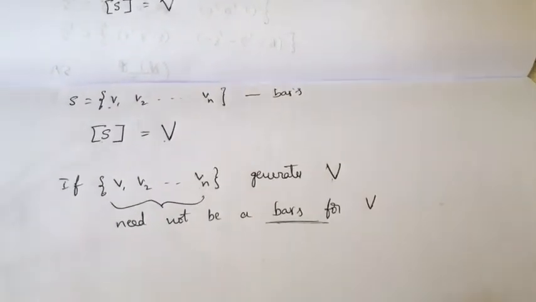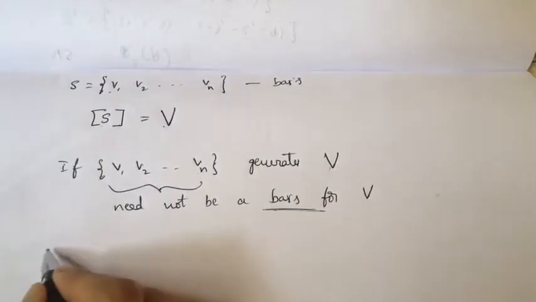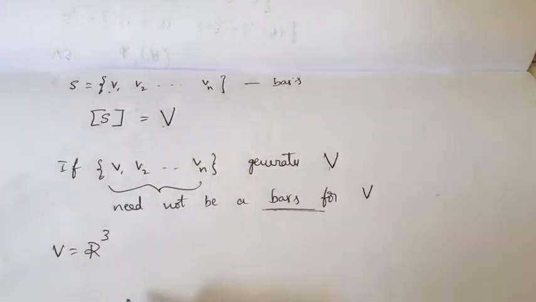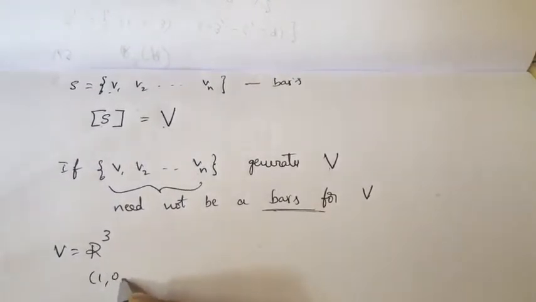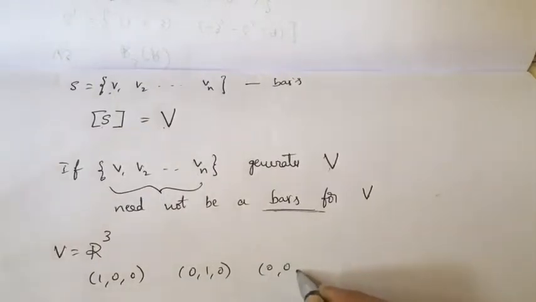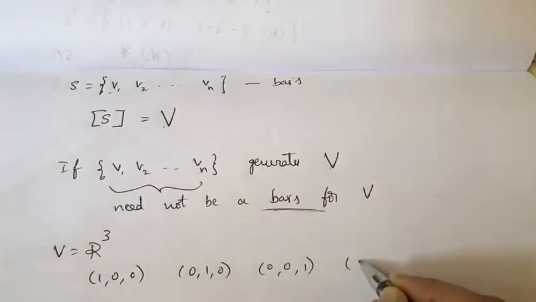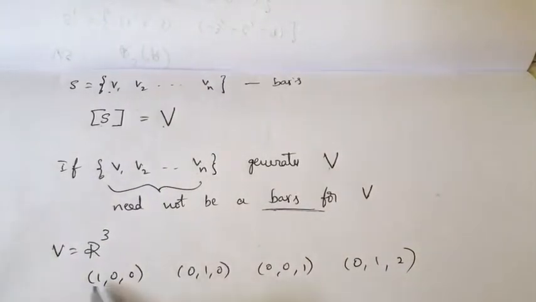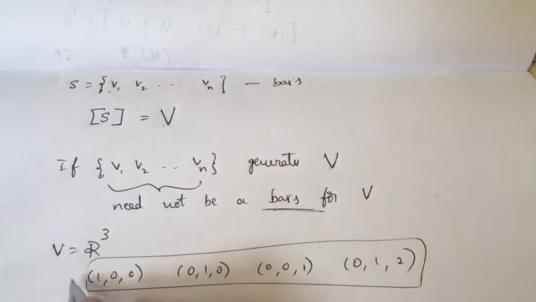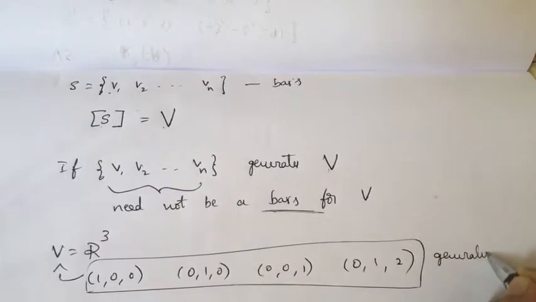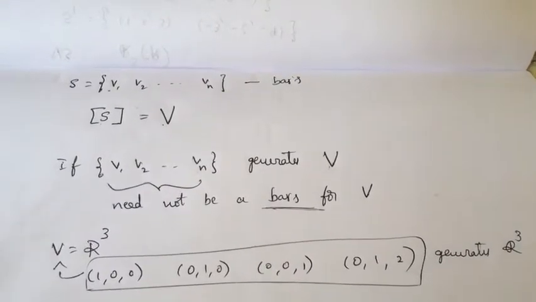For example, suppose I have the vector space R3, and suppose I have the vectors 1, 0, 0; 0, 1, 0; 0, 0, 1; and I'll take, say, 0, 1, 2. These are the vectors. They generate the vector space R3.